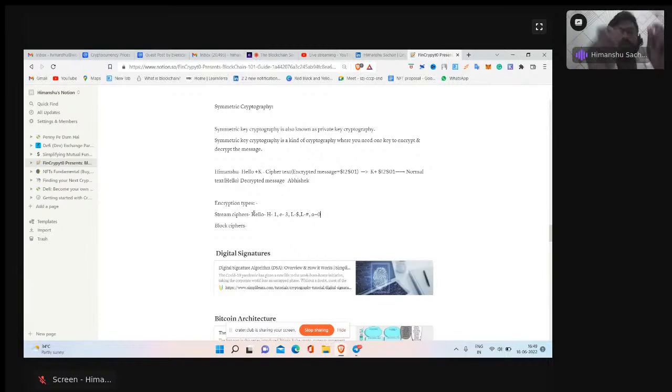In stream cipher, bit by bit encryption happens, which means one bit will be encrypted with another bit.